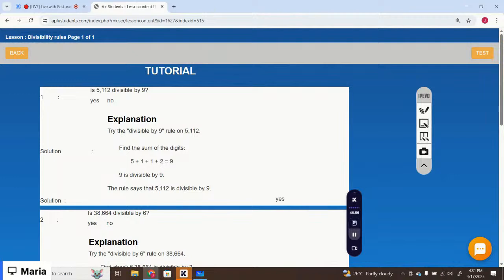Is 5,112 divisible by 9? You have to see if the number is divisible by 9 but without dividing, so you need to apply the divisibility rule.